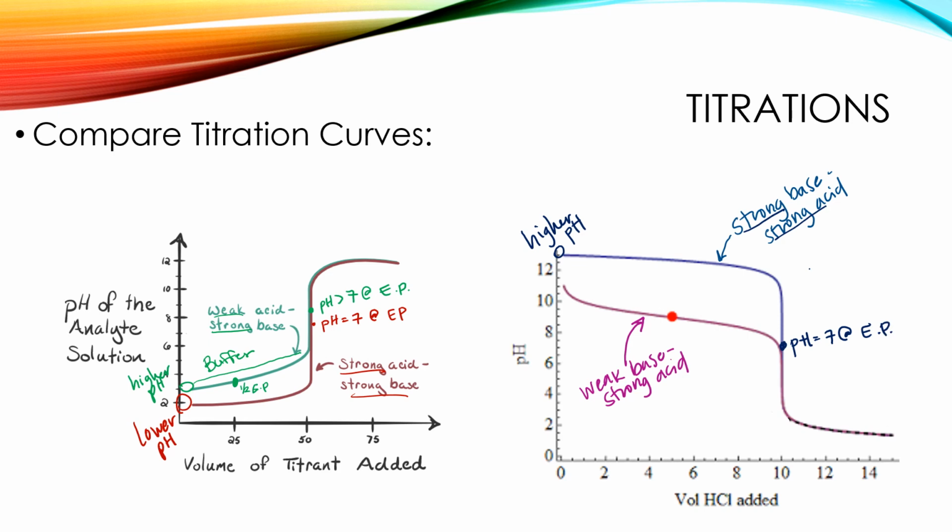But now if we look at our weak base, strong acid, we start at a lower pH when compared to the strong one. We have our buffering region. We also have this nice half equivalence point, and then we get our pH less than 7 at the equivalence point due to that conjugate acid hydrolyzing with water.